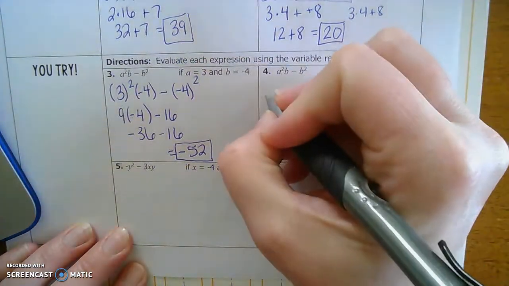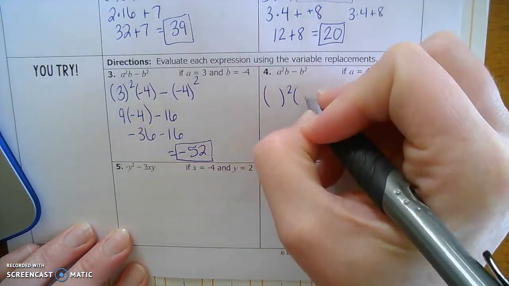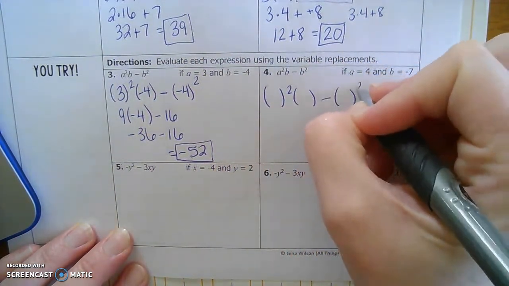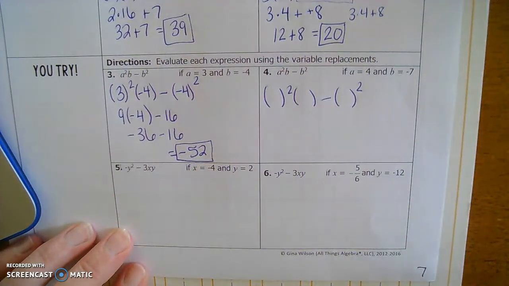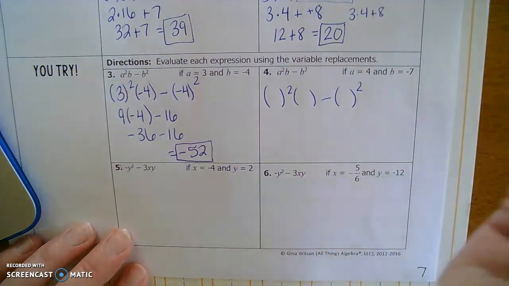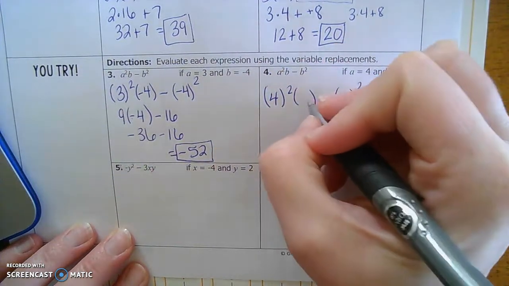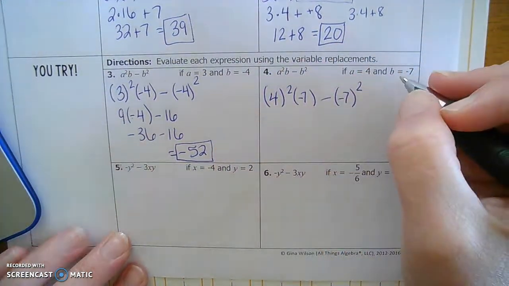Number 4, a squared b minus b squared. So again, just replace all of the letters, all the variables, with parentheses. A is 4 and b is negative 7.